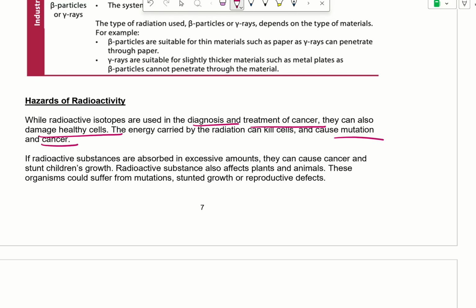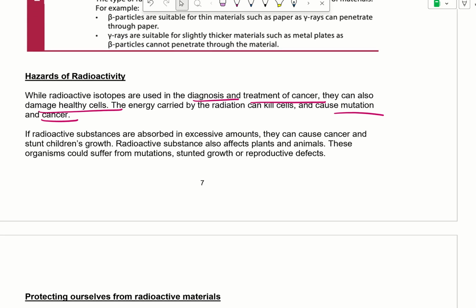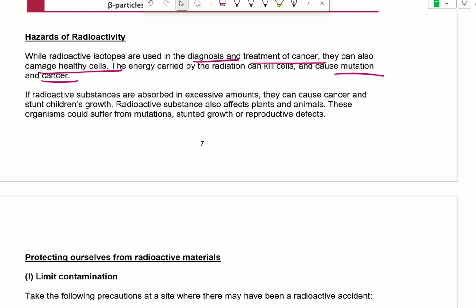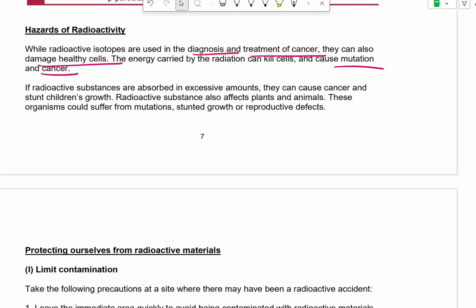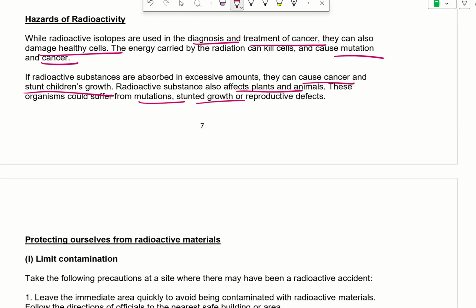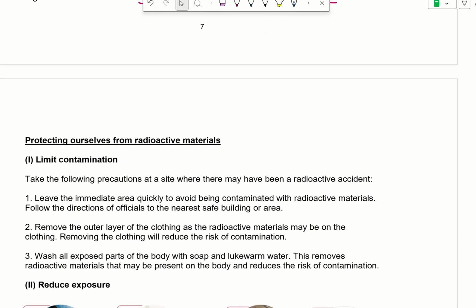These are the effects of having too much radiation. They can cause cancer and stunt children's growth. They also affect plants and animals, which could suffer from mutations, stunted growth, or reproductive effects. Please don't write things like they become zombies.